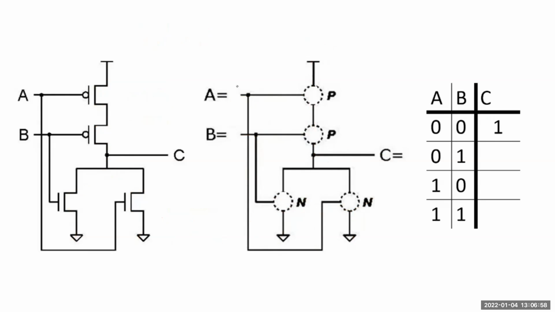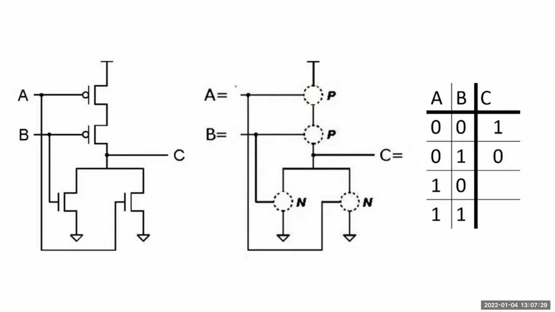Let's try the next input combination with 0, 1. 0 creates a short here and an open here. So there's no path between VDD and the output. And then we've got 0 over here, so this guy becomes an open, but the B being 1 here creates a short for this NMOS, so we have a path directly from ground to the output, so that creates a 0 output.